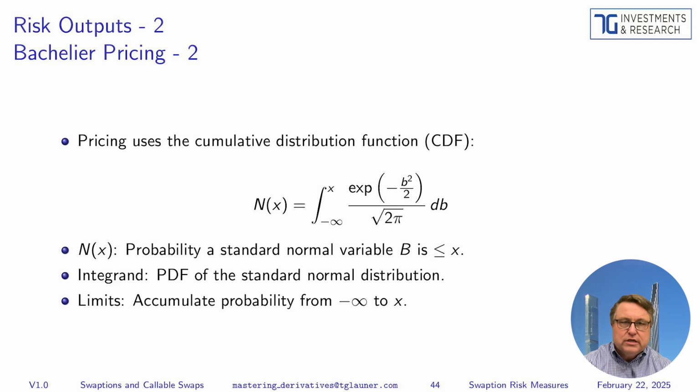The integrand here is essentially the probability density function of a standard normal distribution. It's an integral from -infinity to x. For pricing purposes, it estimates the likelihood that the swap rate will surpass the strike, assuming a normal distribution of the swap rate.